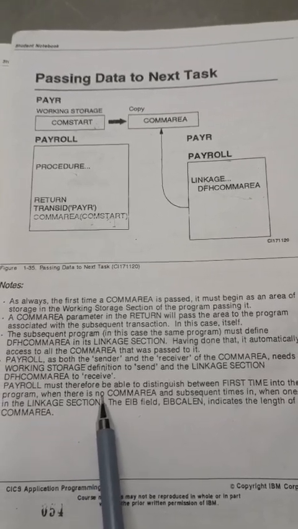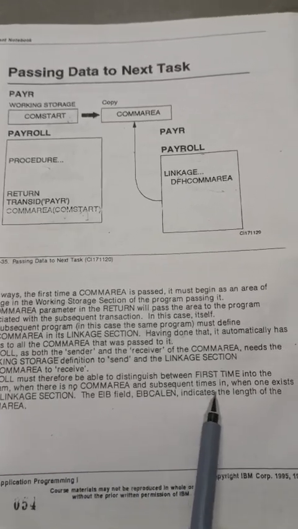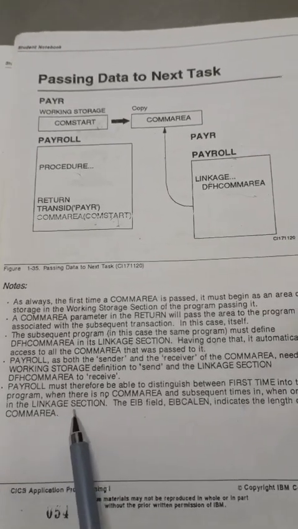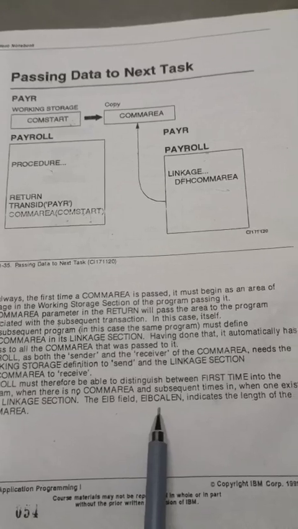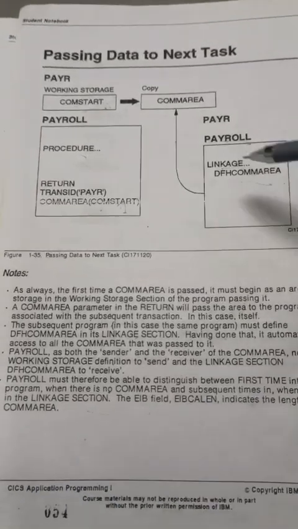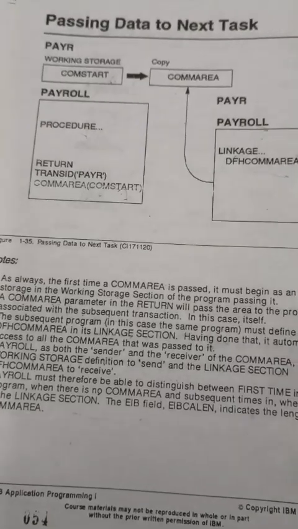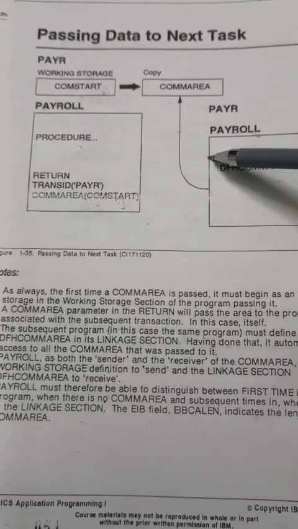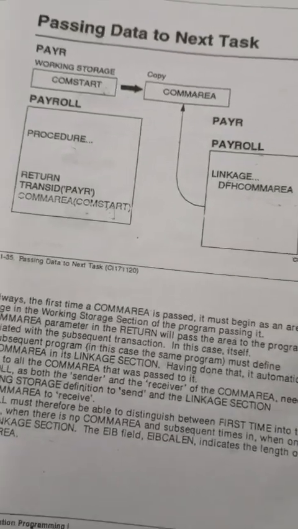This is one of the interview questions. The next time I call the same program, it will come through the linkage section, and EIBCALEN indicates the length of the COMMAREA. EIBCALEN is used to identify whether you are calling the first time or the second time.